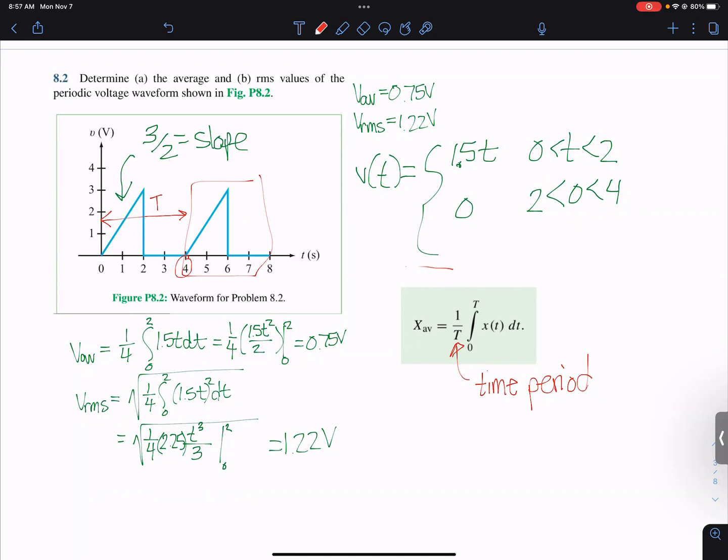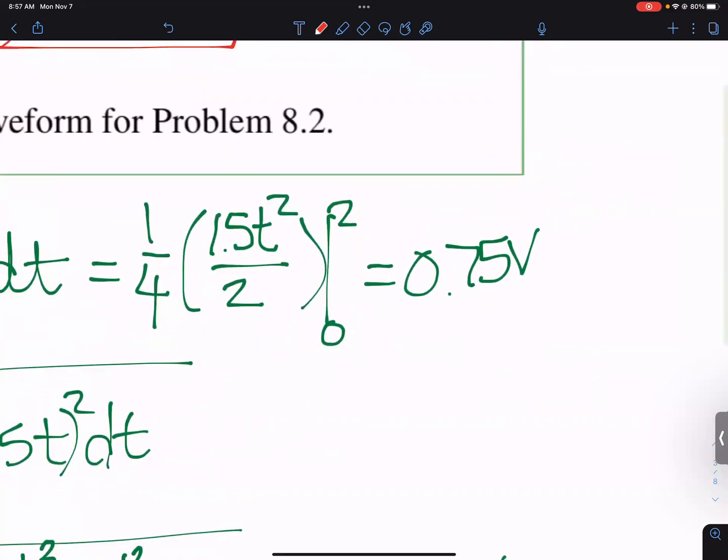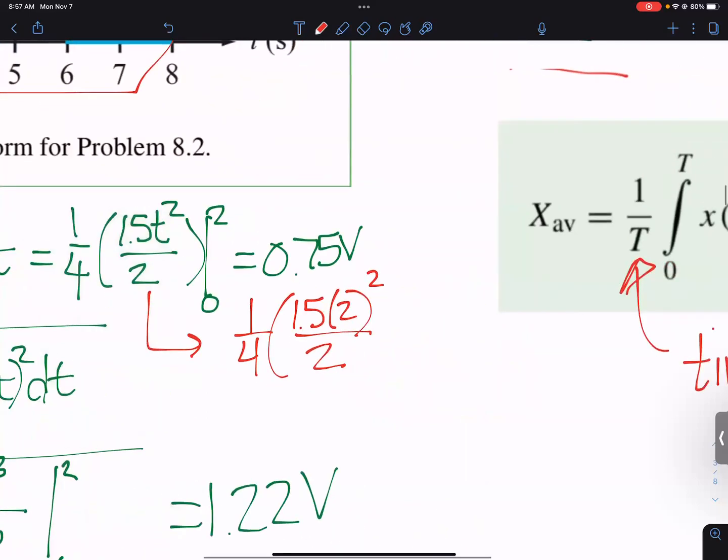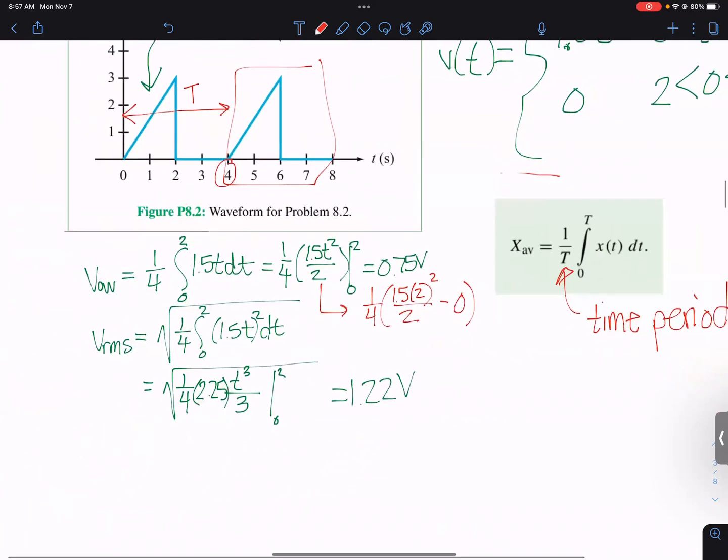So this portion is 1/4 times 1.5. You plug in the top one, and then you plug in the bottom one. So that will be 1.5 times 2 squared over 2 minus 0. And that gives you 0.75 volts.